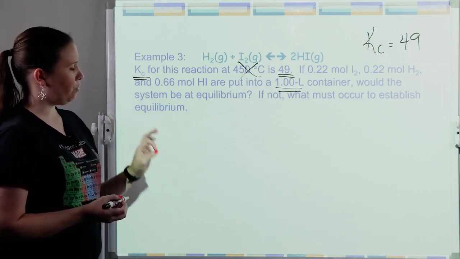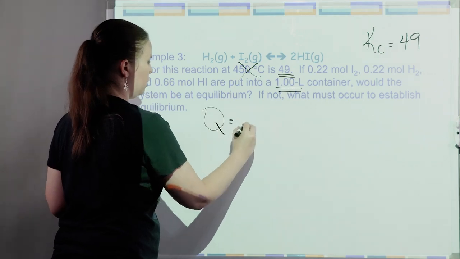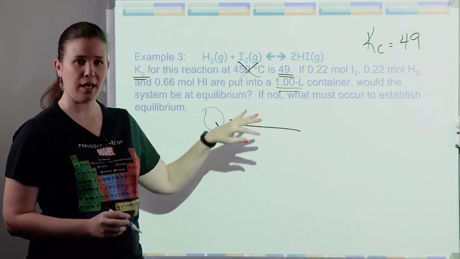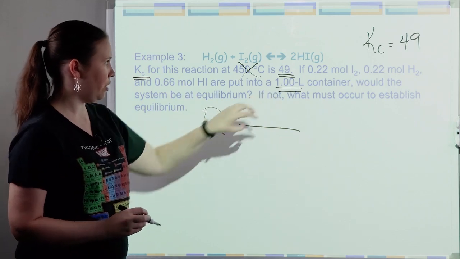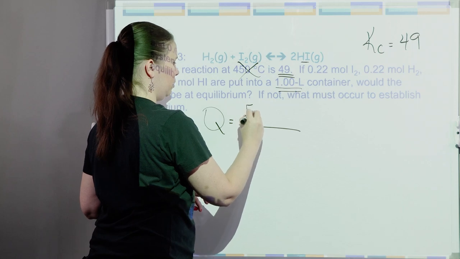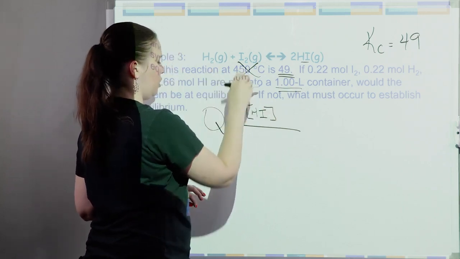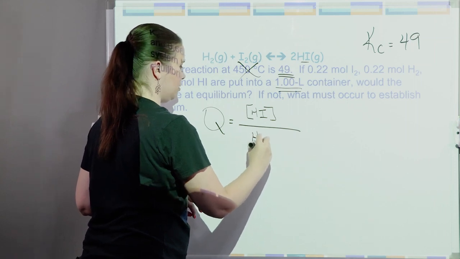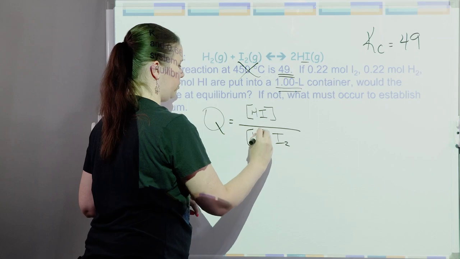Now, let's start off with writing our Q expression. Q is equal to, just like K, product over reactant. So the product would be my HI. So I'm going to plug in bracket HI. And my reactants are the hydrogen and iodine gases, which I will separately put in brackets.